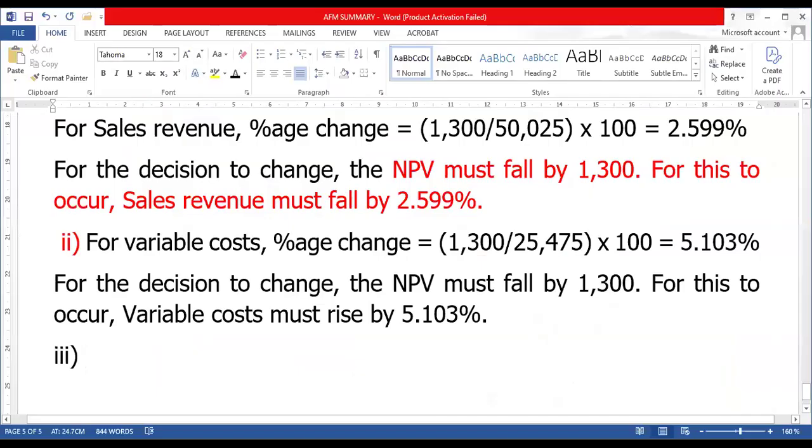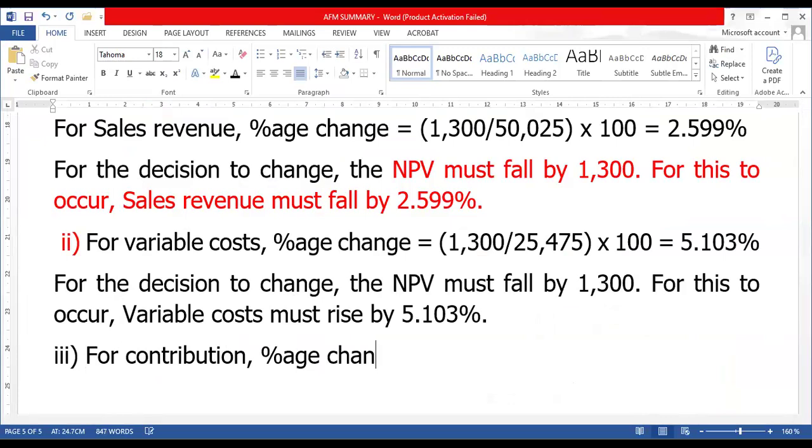So here you are saying for contribution, the percentage change is equal to what? The NPV, which is 1,300, divided by what is contribution? What is the present value of contribution?